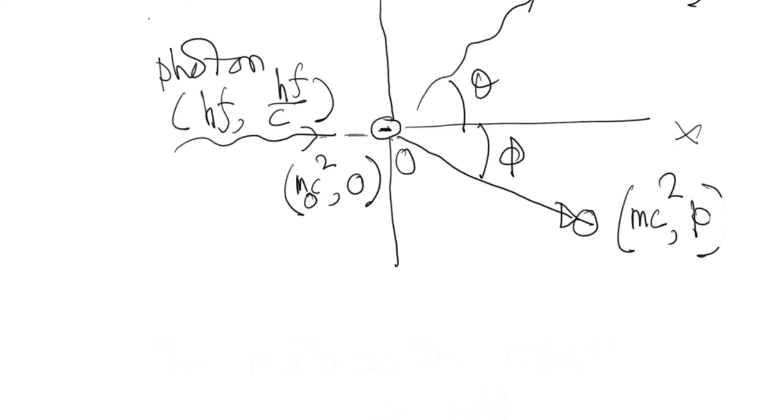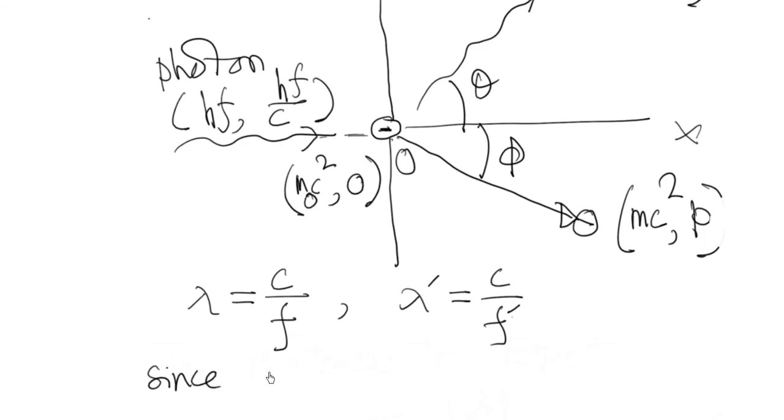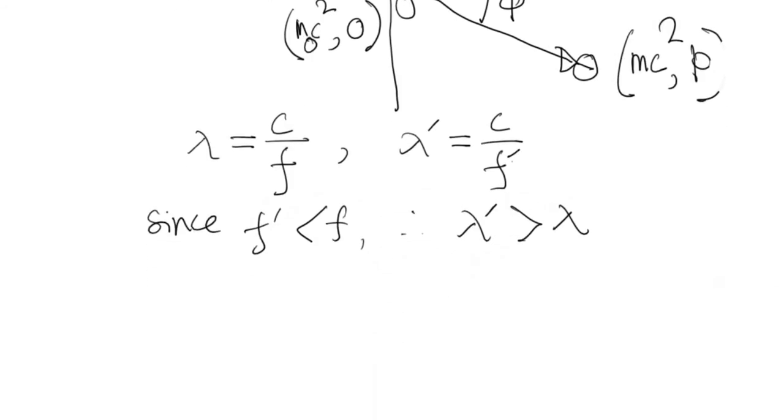Before collision, the wavelength is lambda, which we know is given by the speed of light divided by the frequency, and after collision, the wavelength will be lambda prime, which is c divided by f prime. Since f prime is smaller than f, lambda prime will be greater than lambda. So we can find the change in wavelength.